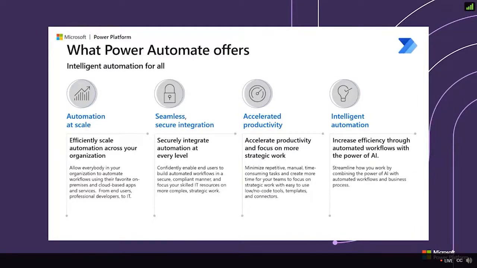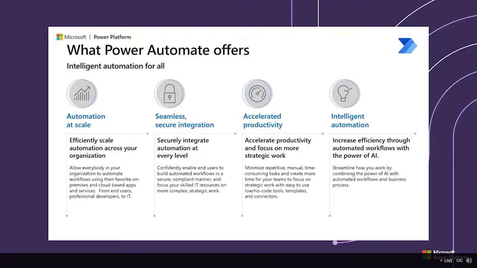Now, Power Automate allows you to automate at scale because you can efficiently scale automation across your organization. Because it's citizen developer, you can allow everybody in your organization to automate workflows using their favorite on-premises or cloud-based apps and services, from end users and professional developers to IT. But that would not be enough if it's not secure.